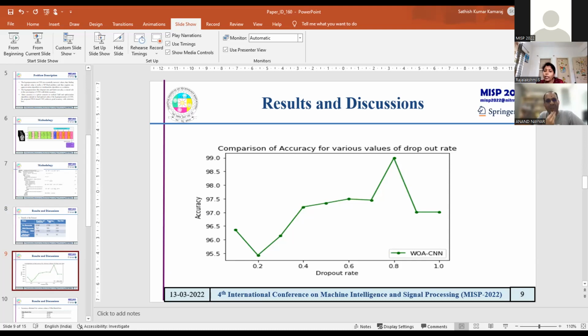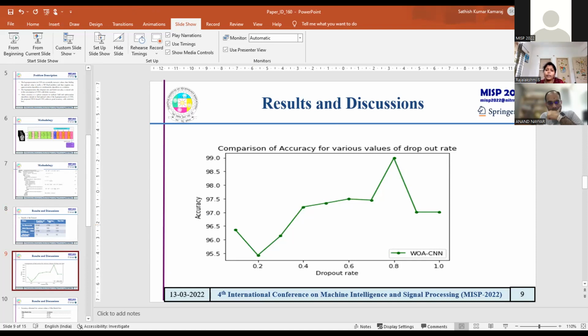First of all, we monitored the values of accuracy for the dropout rate. For each dropout rate, we monitored the accuracy. If we observe that the value of the dropout rate is 0.8, the accuracy of the Whale optimization based convolutional neural network is 98.987%. When the dropout rate becomes 0.9, the accuracy actually decreases by 1.99%.